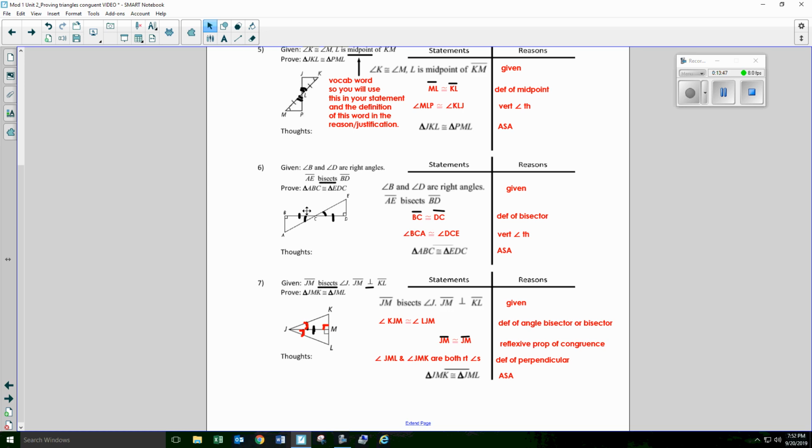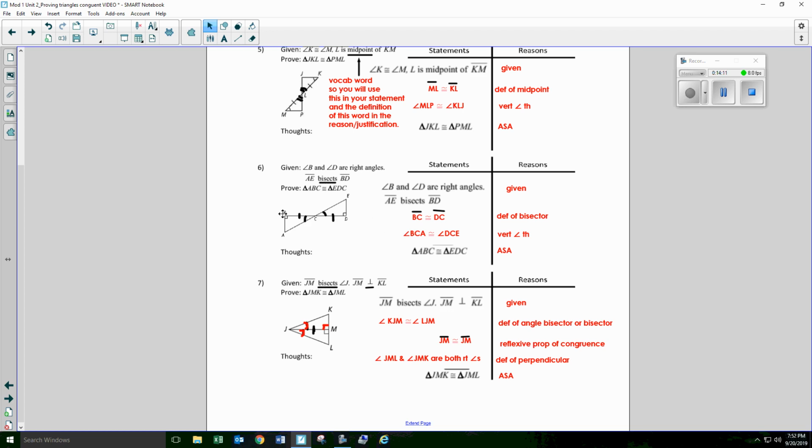Since that's going to split that in half, I'm going to be able to say this is congruent to this. BC is congruent to DC by definition of bisector. Definition of that vocab word. So now I can put the hash marks there. So now I have an A and an S, an A and an S, and again, vertical angle theorem.